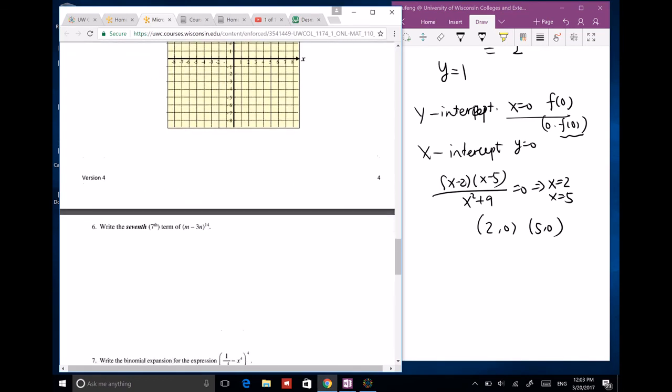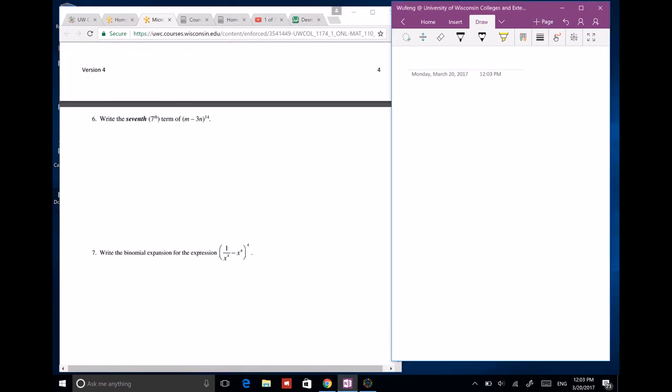So number 6. Write the 7th term of (m minus 3n) to the 14. Basically, the first term is m to the power 14. The second term is 14 choose 1, m to the power 14 minus 1, negative 3n to the first power.